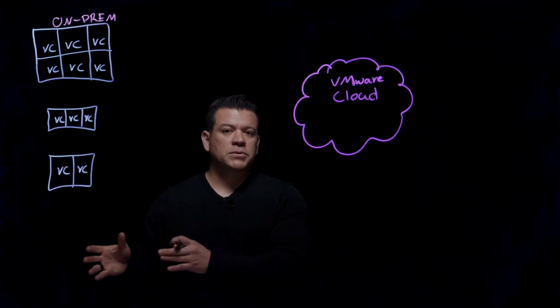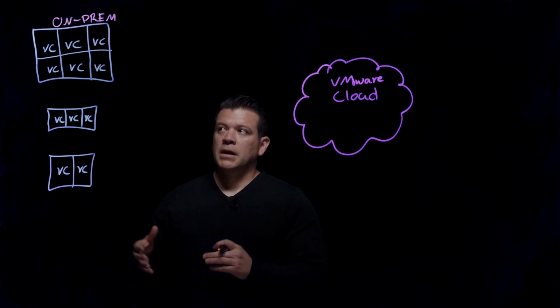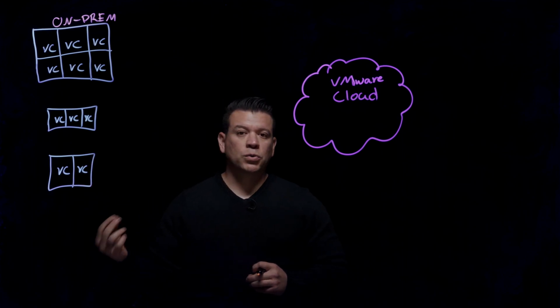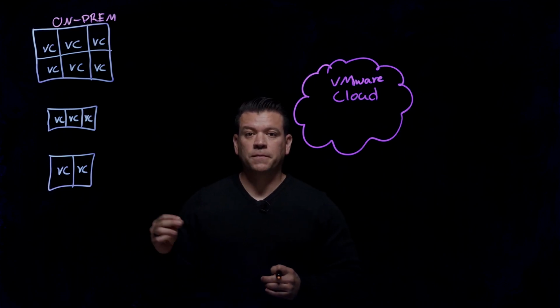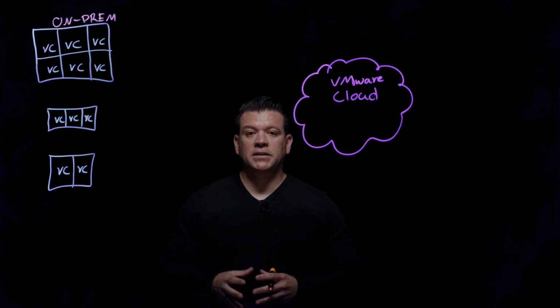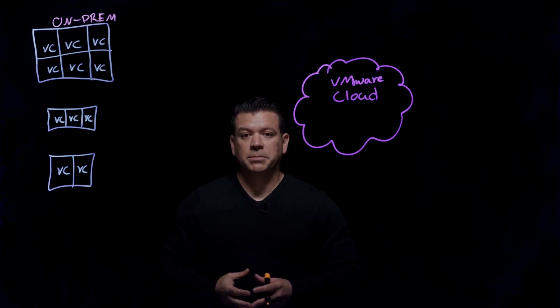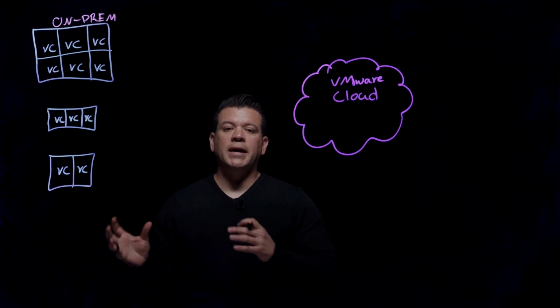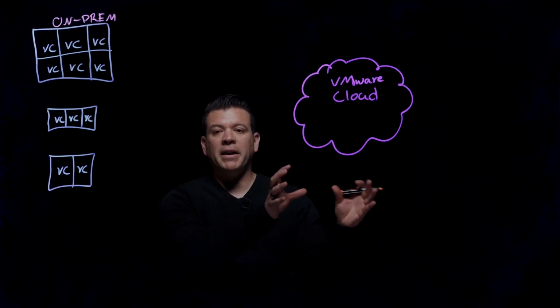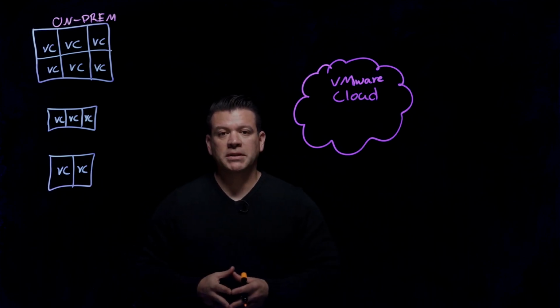Now, from an administration standpoint, customers can use our tools like Linked Mode. But there is a configuration maximum for that. There's only so many vCenters we can tie together for management purposes. So what if we can connect that to the cloud and bring the benefits of the cloud to on-premises environments?